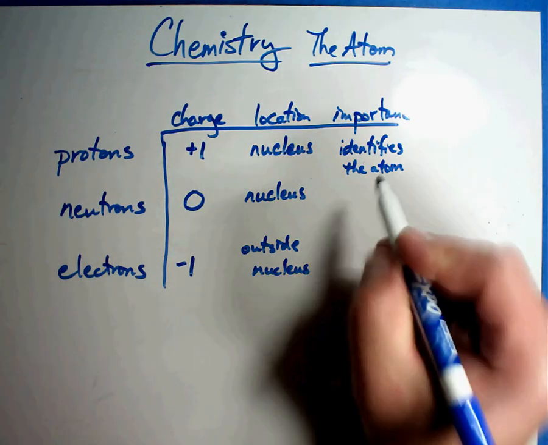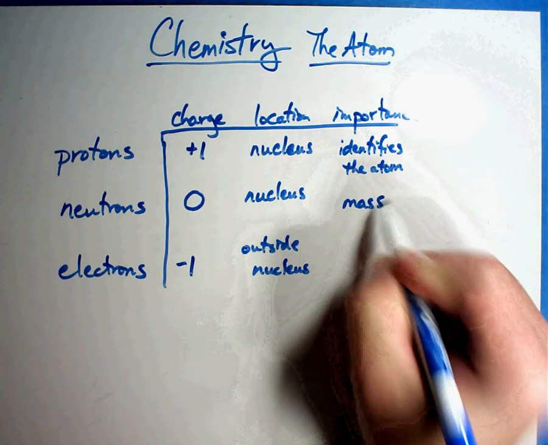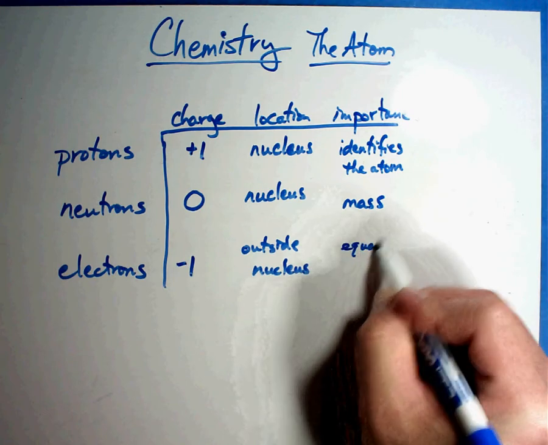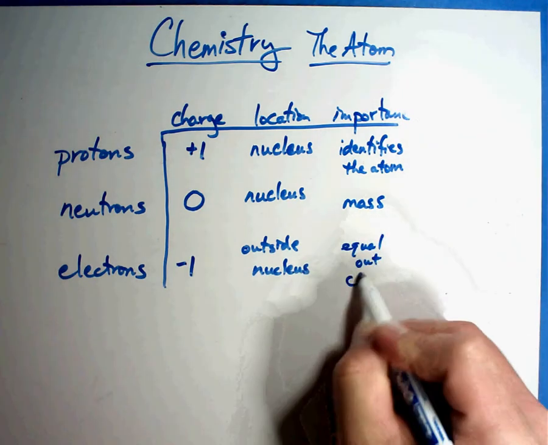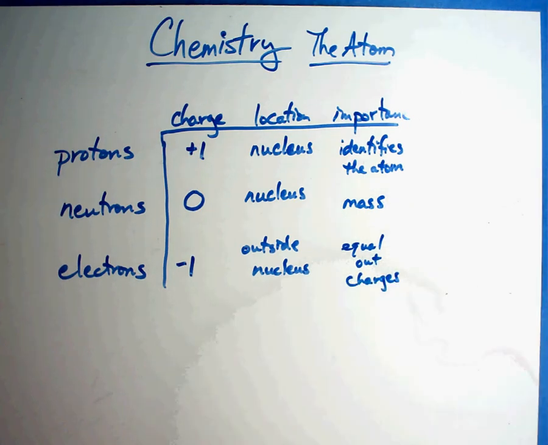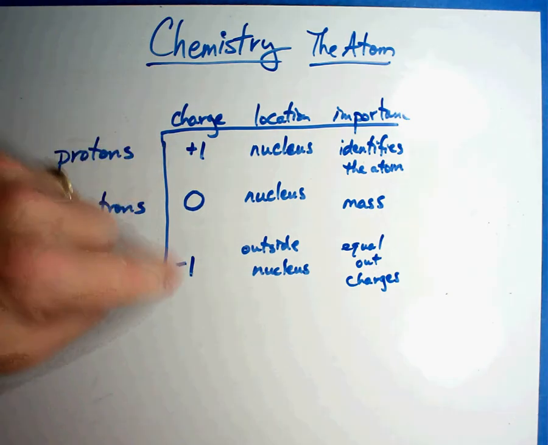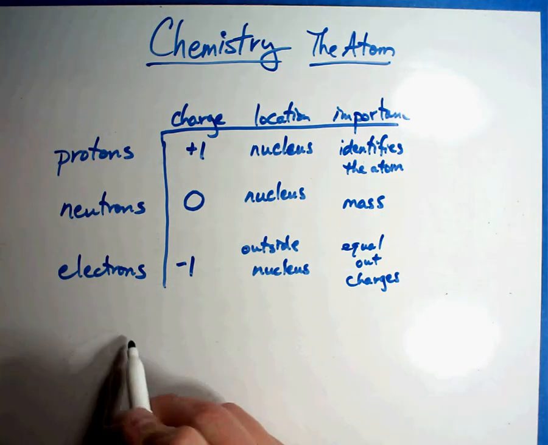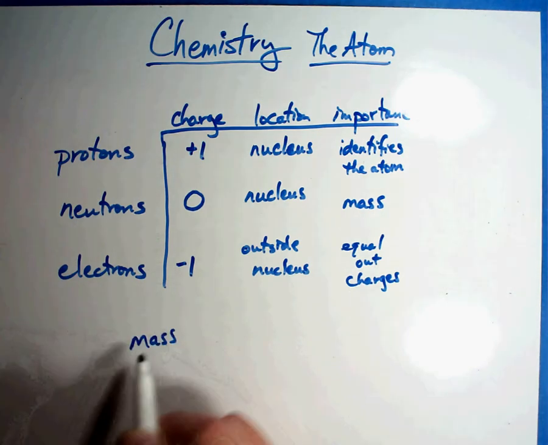Neutrons are going to give you mass in the atom, and electrons are going to equal out charges. As a matter of fact, you're going to have the same number of protons and electrons. We'll see here in a minute. They equal out charges.